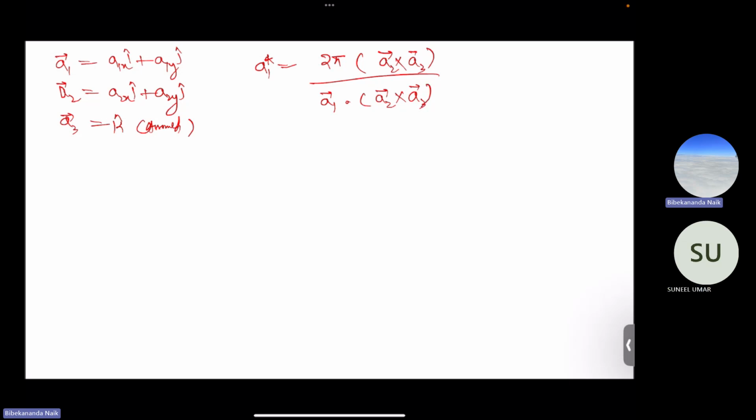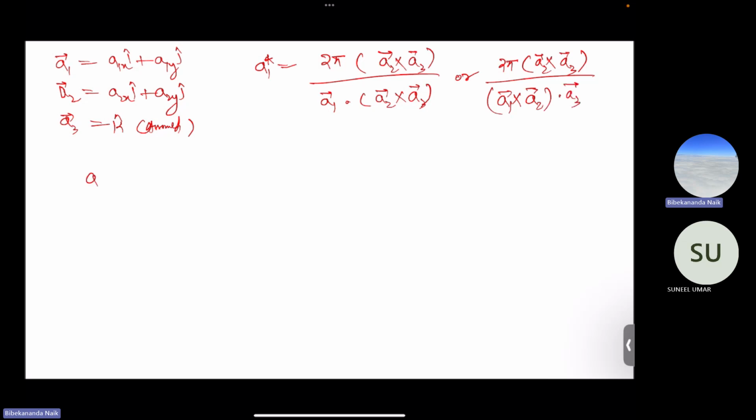Whether it is a dot b cross c or a cross b dot c, the value is unchanged. So we can write it as 2 pi a2 vector cross a3 vector divided by a1 vector cross a2 vector dot a3 vector.